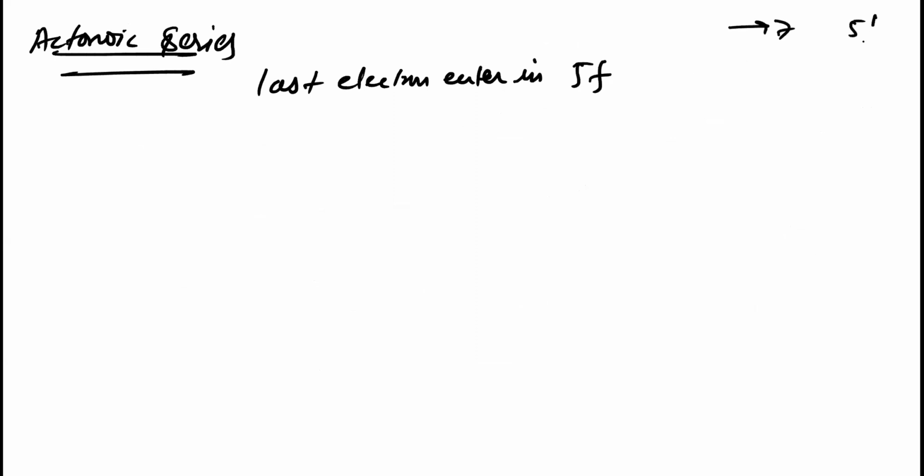The s orbital will be 7, the d orbital will be 6, and f will be fifth. So the last electron will enter into the fifth subshell.